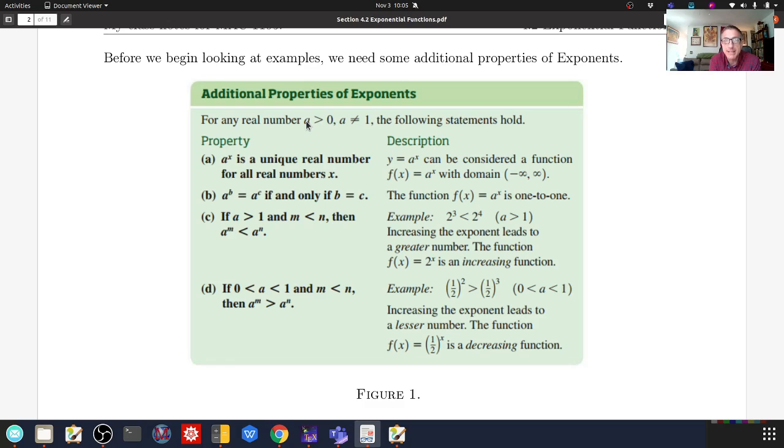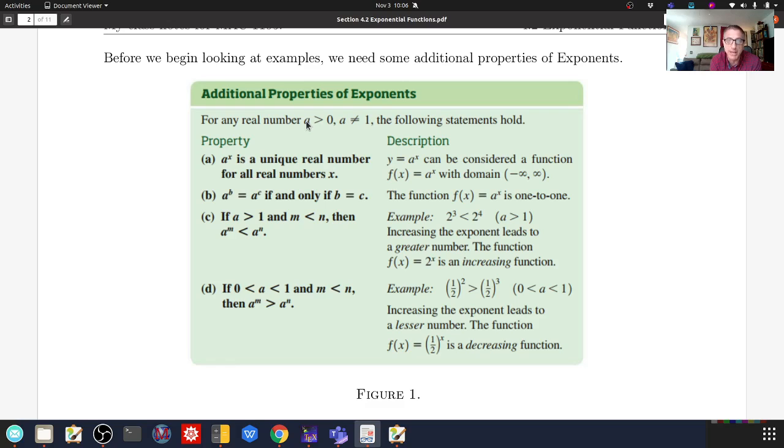And here's the other thing. The base is set. It's only a variable in the sense that it's an unknown. It represents some unknown value. But once you fix it, once you decide, it doesn't change. The thing that changes in the function, the independent variable, is the x value. So a is fixed, and call it a or b.